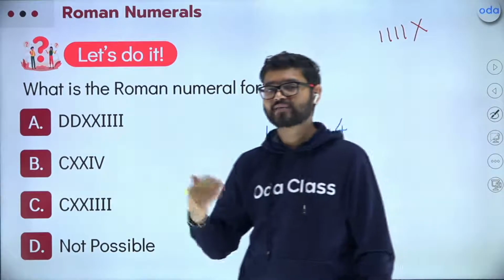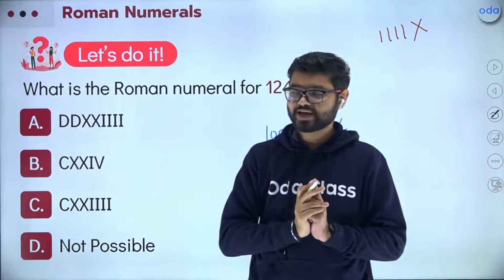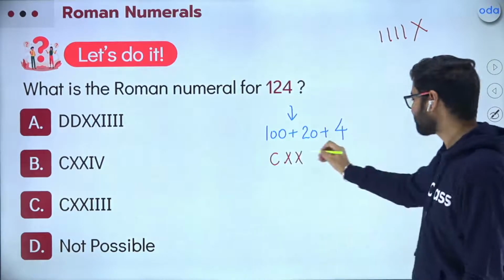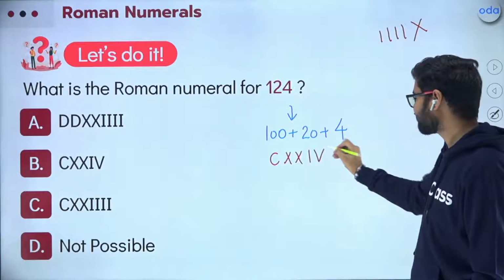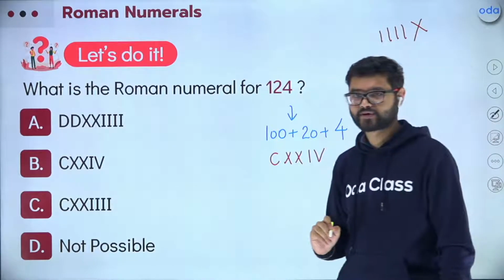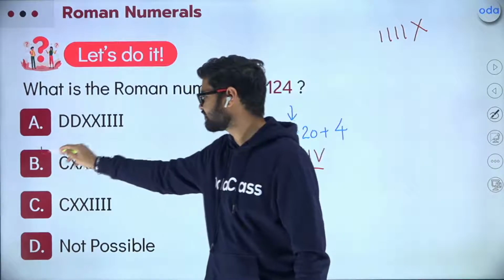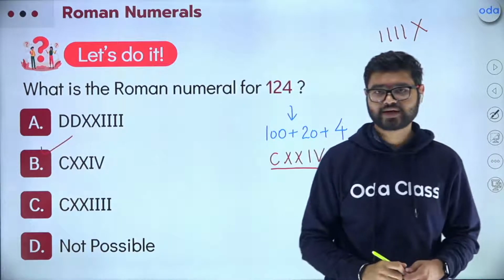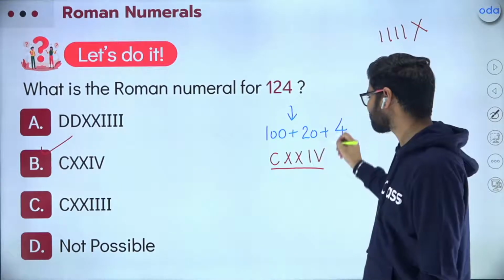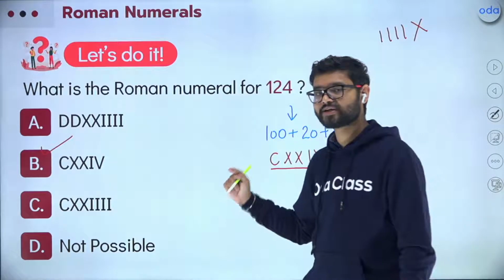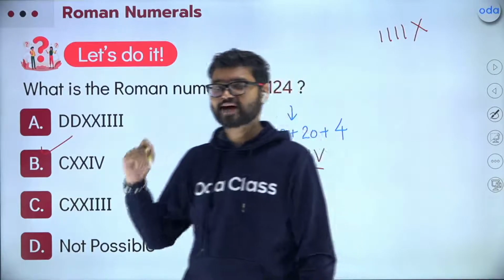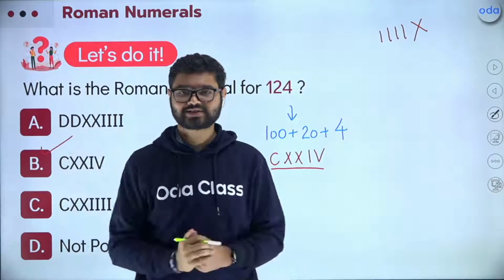So we need to have some other way. In the very first session, I told you 4 is written as IV. So that is the answer: CXXIV, option B is the right answer. Now why I write 4 as IV, I will be telling you in the next session.